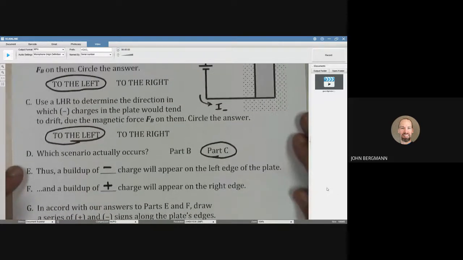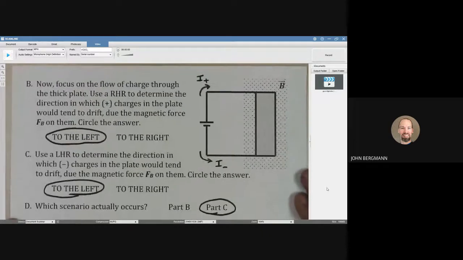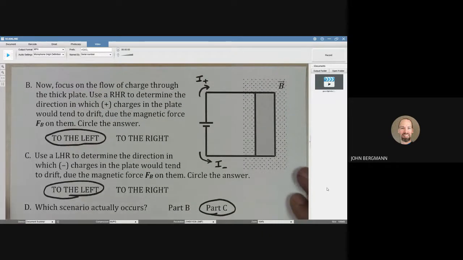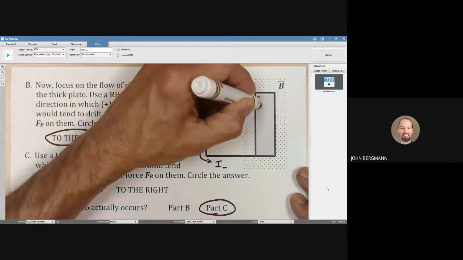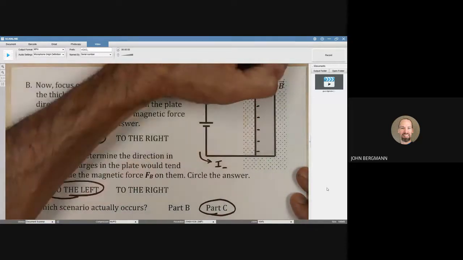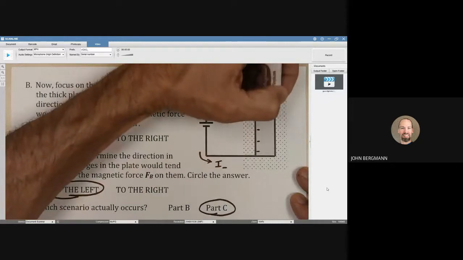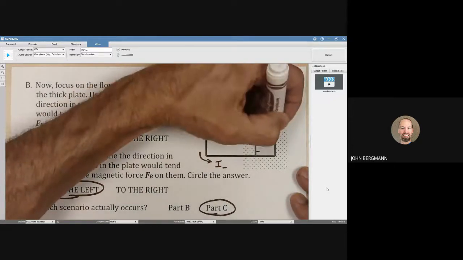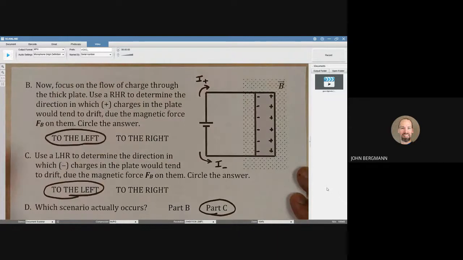Let's draw some negative and positive signs along the edges. Along the left edge, we're going to have some negative charge buildup, and on the right side, we're going to have some positive charge buildup. There should be the same number of those, kind of like so.